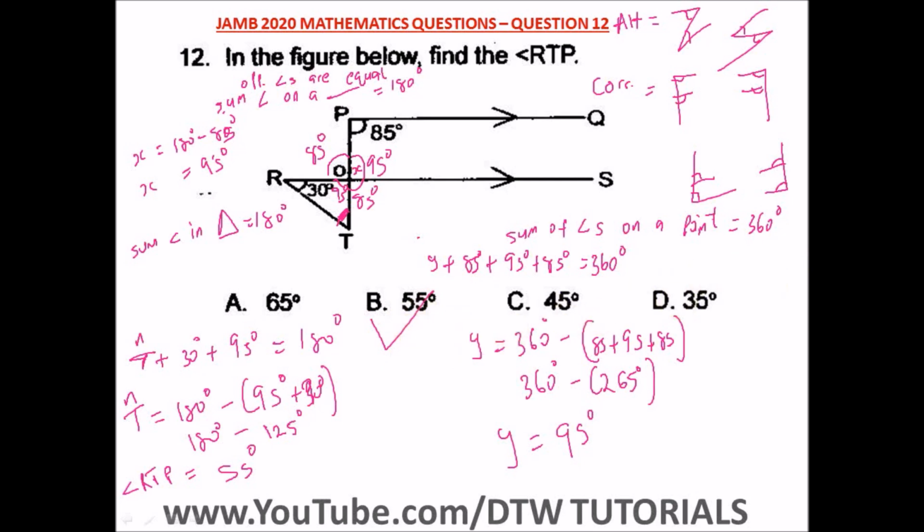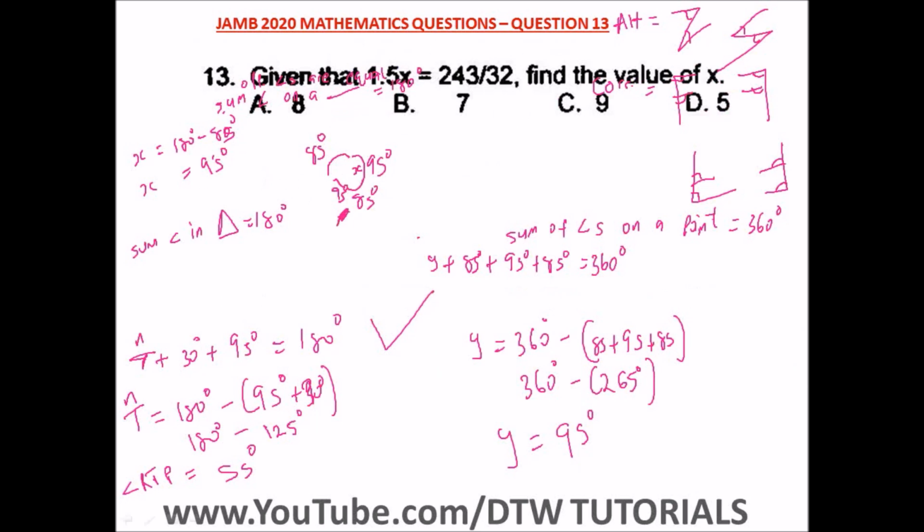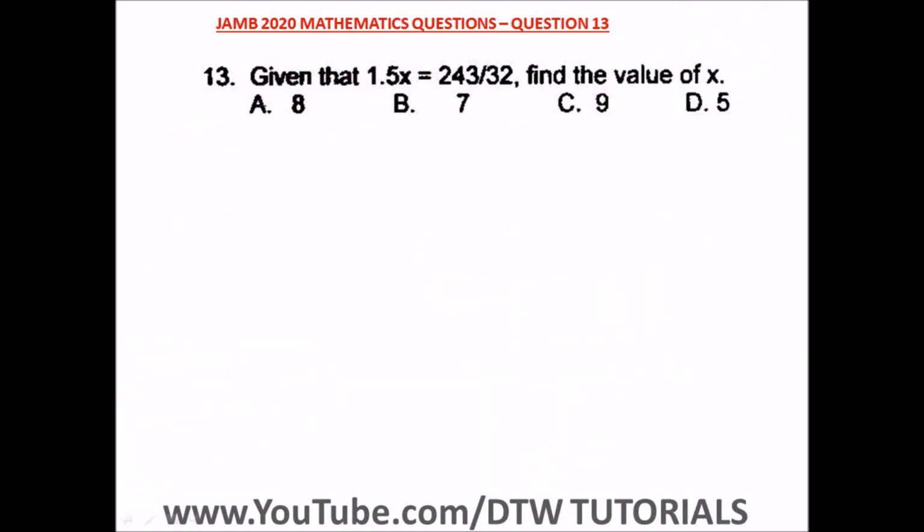So with that, we go to the next question, and that is question number 13. Let's take this off. So we have question number 13 of the JAMB 2020 maths questions. We are told that given that 1.5 to the power x equals 243/32, find the value of x.